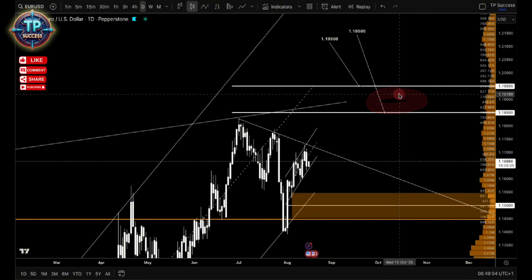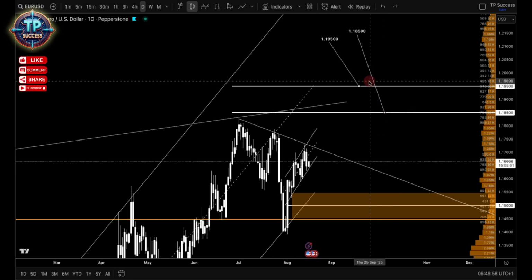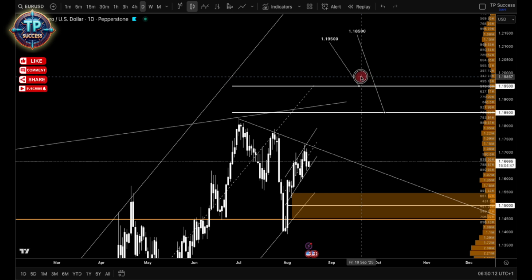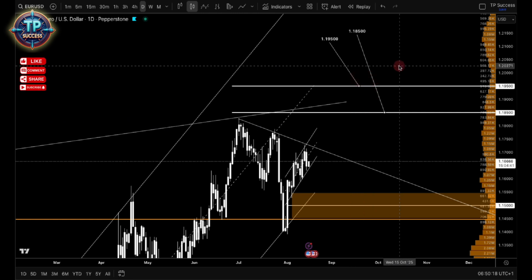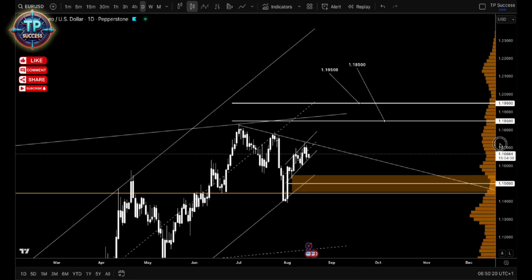This is the only way this will make sense to me. If I see price close above 1.19500, then I'm assuming that price is going to continue pushing higher, just because it has blasted through and is moving away.